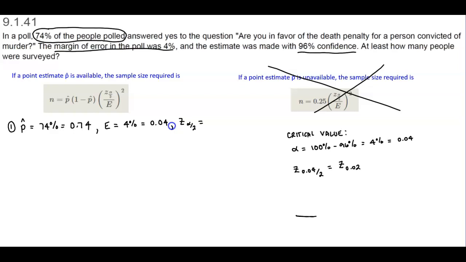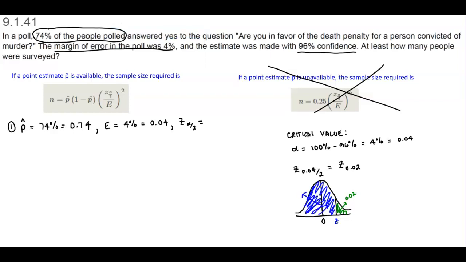So what does that tell us? Well, whenever we have the bell curve with a mean of 0, it tells us that the area to the right is 0.02. What we want to do is find the z-score and look at the area to the left of that.